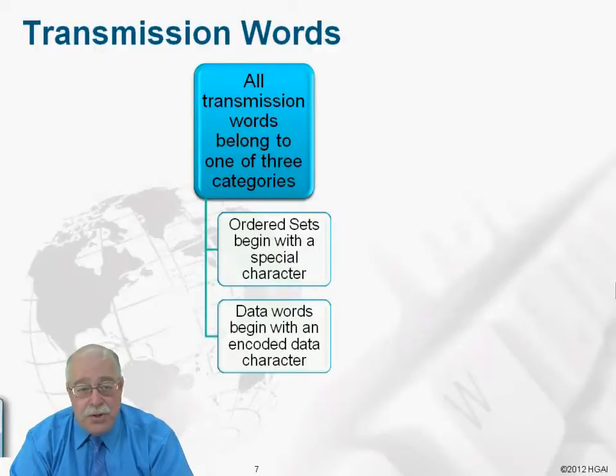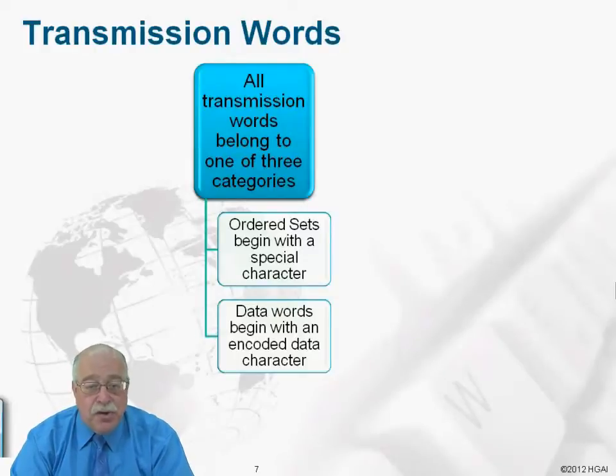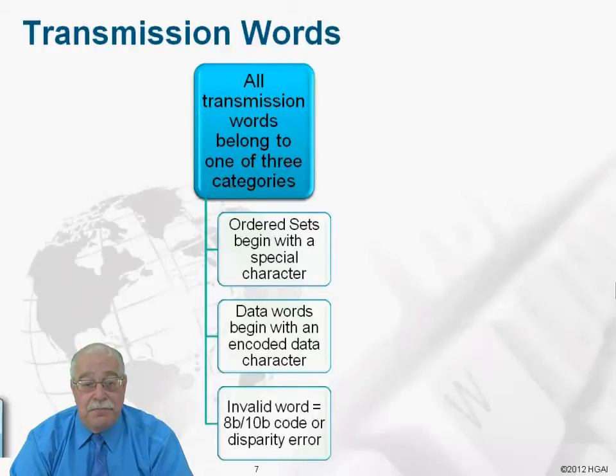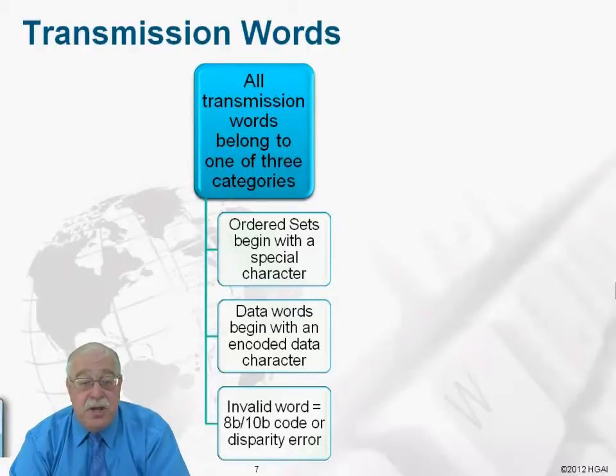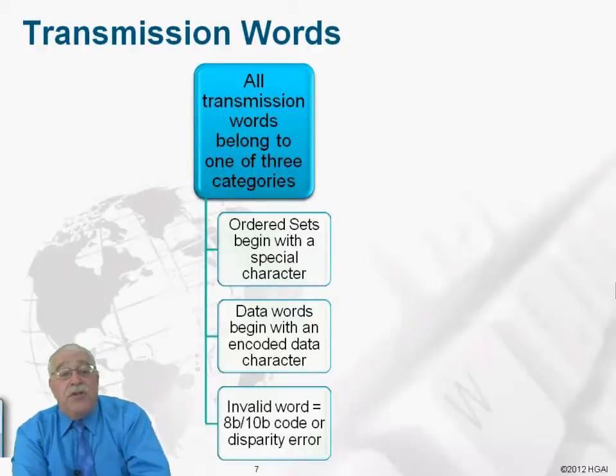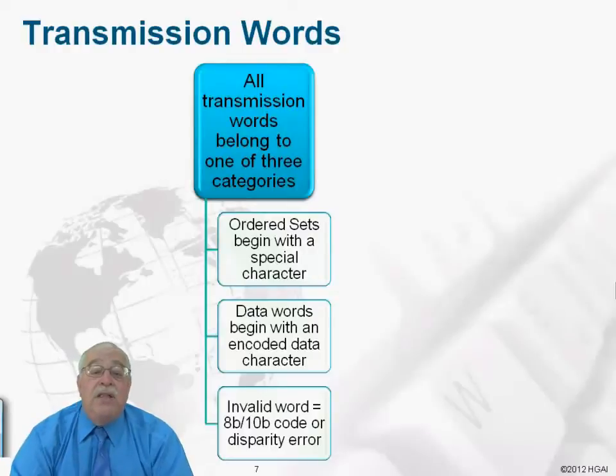So if the first byte of 4 is not a special character, then I'm dealing with the data word. If the first byte of 4 is a special character, then I'm dealing with an ordered set. There are some 10-bit combinations that are just invalid. And if we see that on the link, we can identify it as an invalid word and indicate an error.